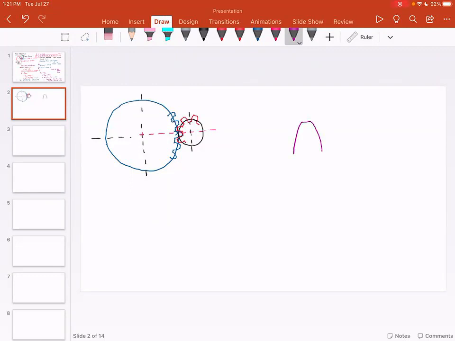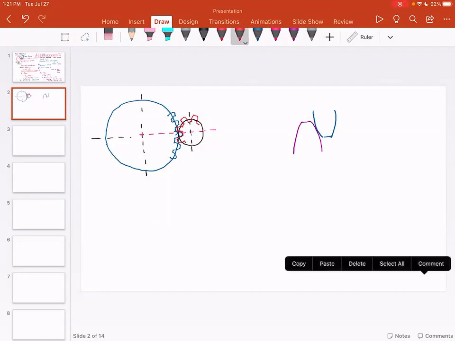There is one tooth and there is another tooth. So these two teeth come in contact, and at one time there will be a line contact, just like friction wheels.